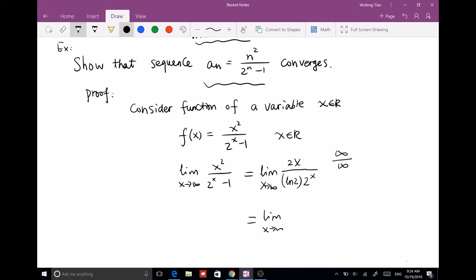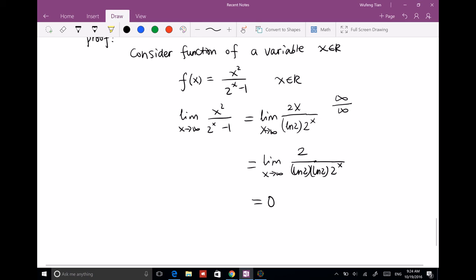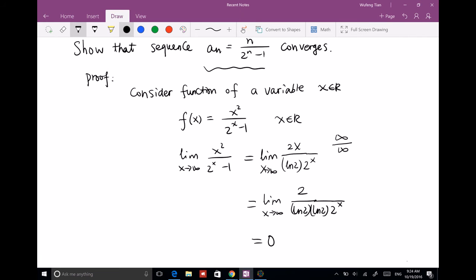Infinity over infinity form. So you get 2 on top, and at the bottom another ln 2, and still 2 to the power x. Now you can tell this one equals 0, since when x goes to infinity, this function converges to 0.